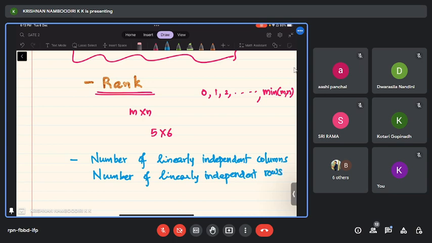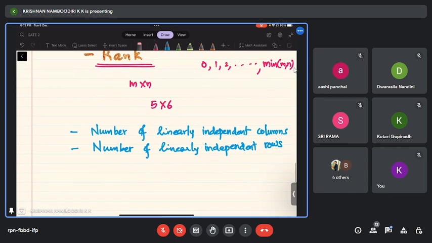If you study some abstract book, they will define rank in two ways. Initially, they will define it as column rank. That is the first definition. Then they will define it as row rank. Then finally, they will show that column rank and row rank of a matrix are the same. That means the rank of a matrix is the number of linearly independent columns, or the same as the number of linearly independent rows.